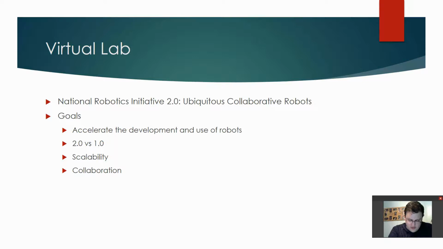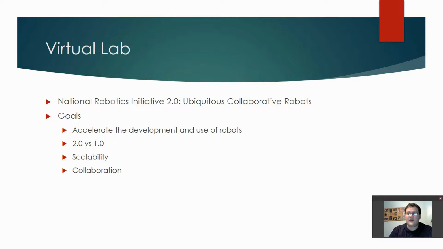The 2.0 version is meant to take the idea of the first one and add the idea of scalability. That is, the NRI proposal is to take on the challenge of figuring out how to have many robots and many humans working together. Also, they would like to figure out how to have robots complete a variety of tasks in a variety of situations.